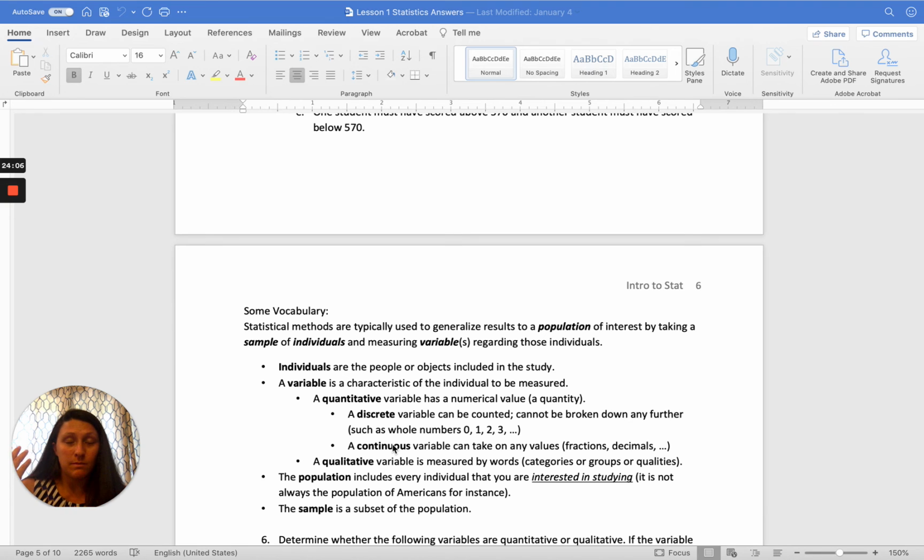When you're measuring something like height, it can have decimal points, fractions, all kinds of numbers. So that would be a continuous variable because it's measured on a continuous interval. It's not like discrete values on a number line, right? It can be all the numbers in between, 0 and 100 or something like that.